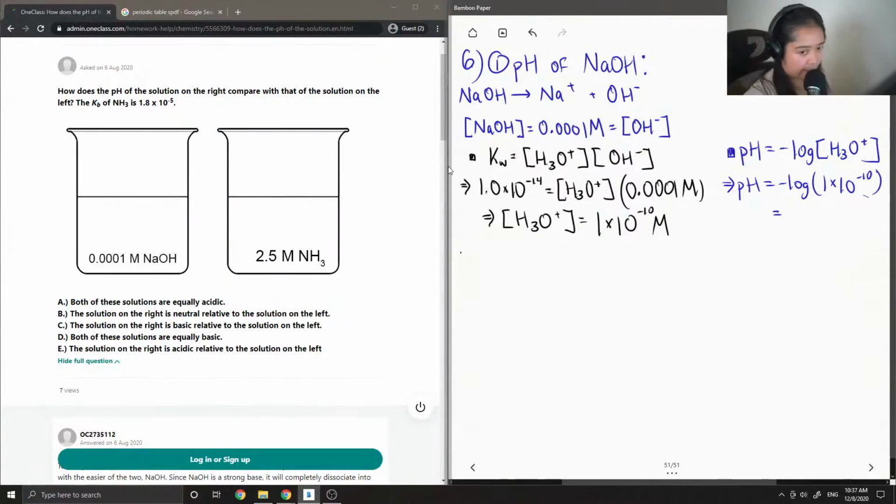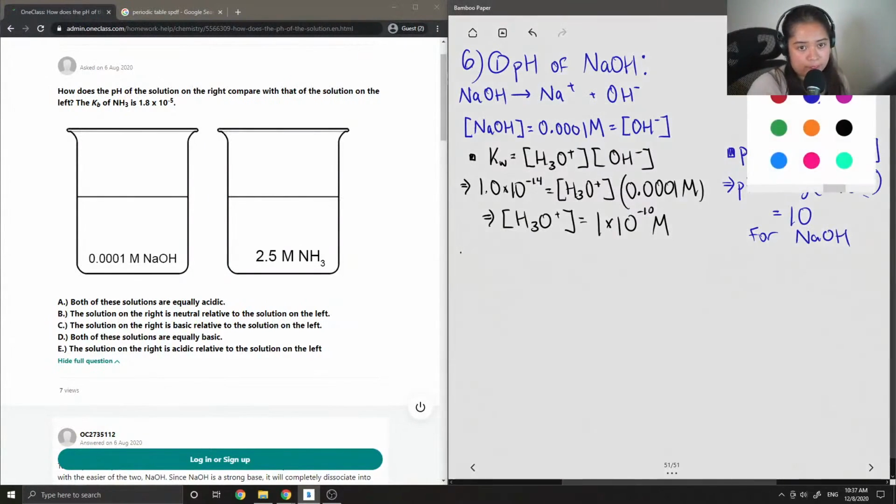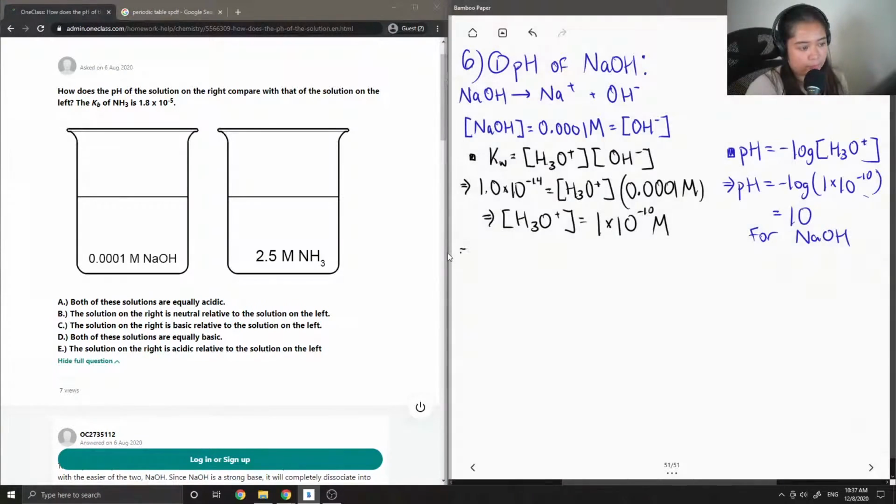So its pH is just 10. And this is for the NaOH solution, which is on the left.